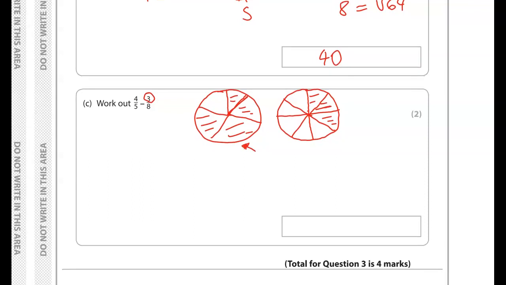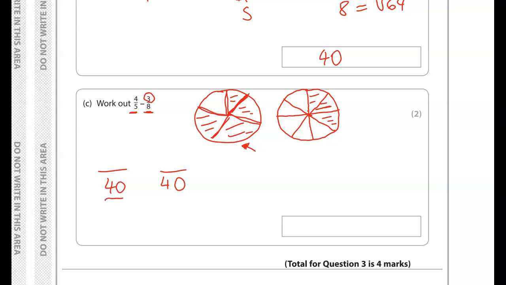So what I'm going to do is I'm going to change these numbers. So cut the pizzas into an equal number of slices. What's that number which you can fit 5 into but also 8? That can be 40 because 5 times 8 is 40. So basically we've cut these 5 slices we had here into many more.